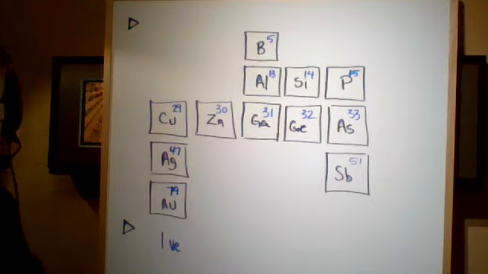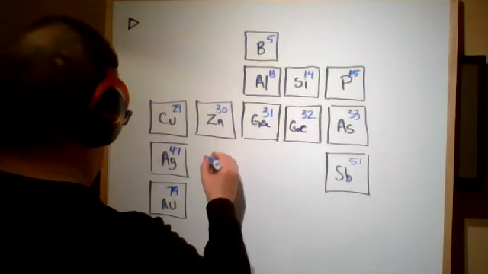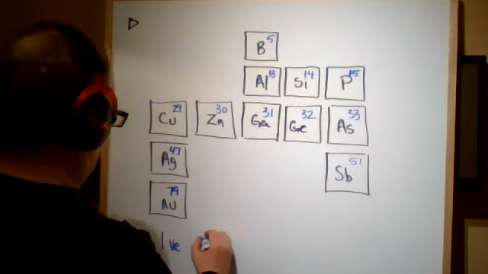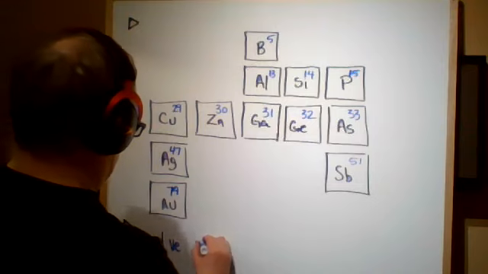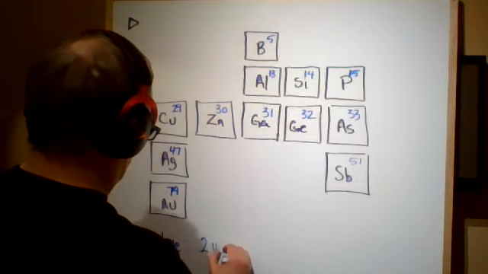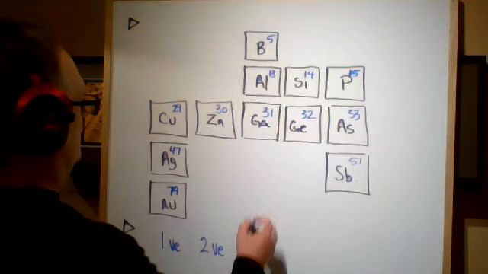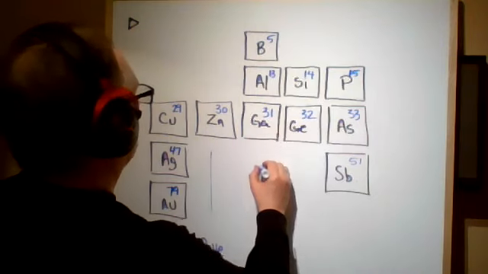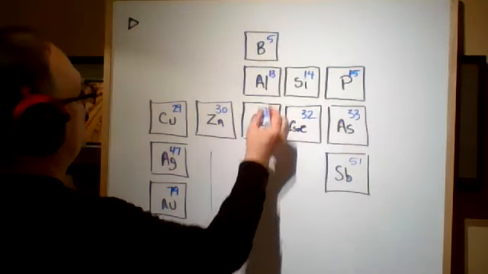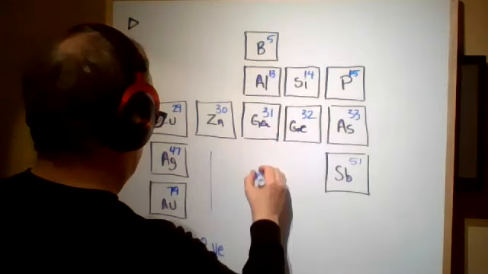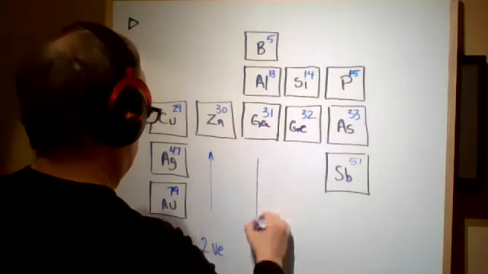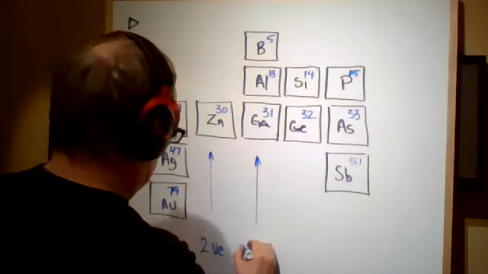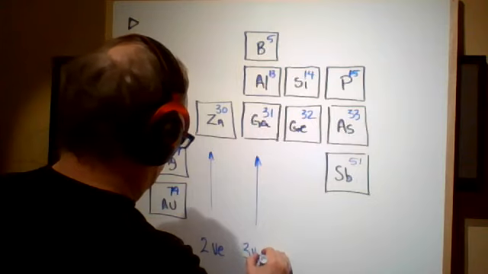And if we move to zinc, here we have two valence electrons. And if we move into aluminum, boron, gallium, these ones are actually now at 3 valence electrons.